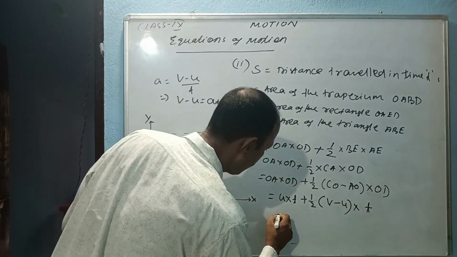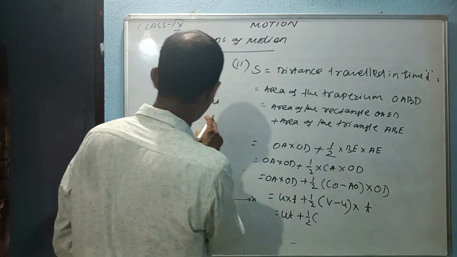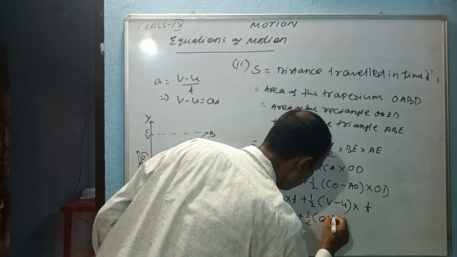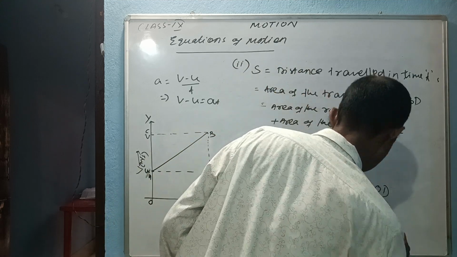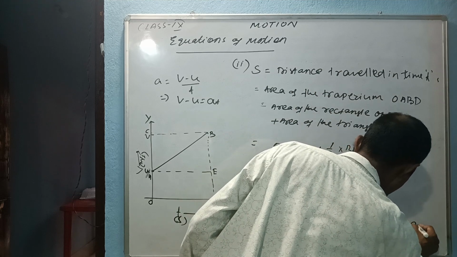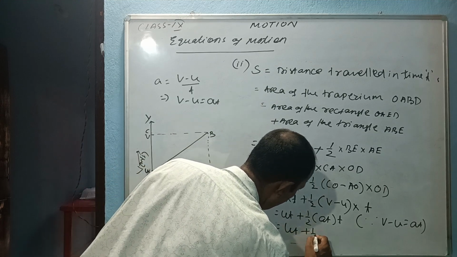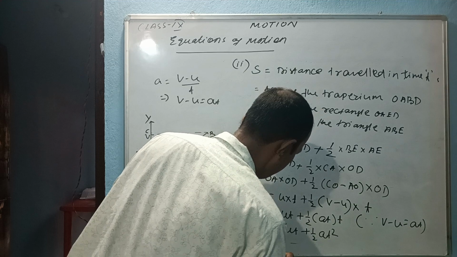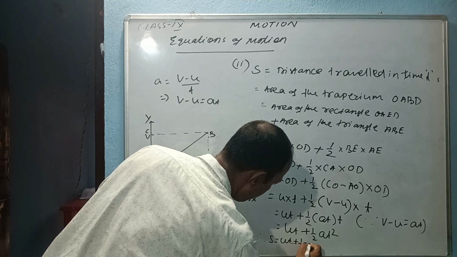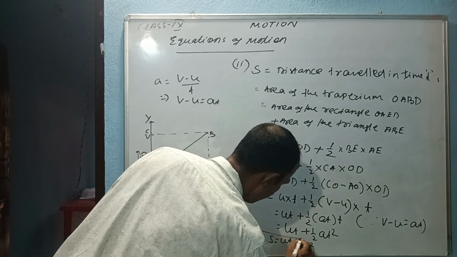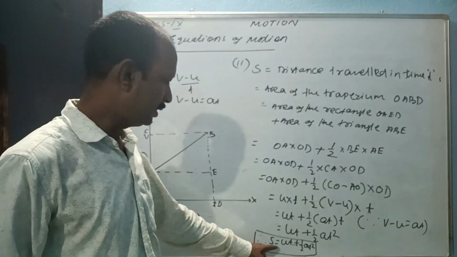So I am writing ut plus half, in place of v minus u, at, into t. Why? Since v minus u is equal to at, this is equal to ut plus half at square. Clear? So I can write that s equals ut plus half at square. This is the derivation of the second equation. Okay, here s is the distance.